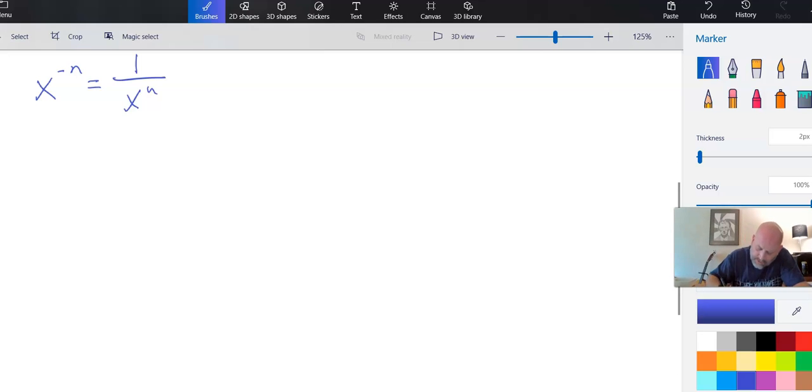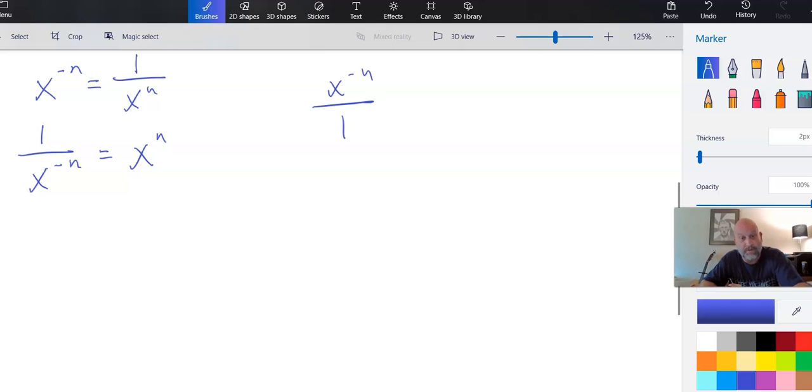And what's more, if I have 1 over x to the negative n, that's the same thing as x to the positive n. So I want to point out what's actually happening here. x to the negative n is the same thing as x to the negative n over 1.